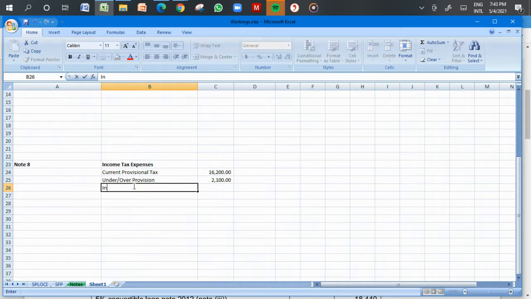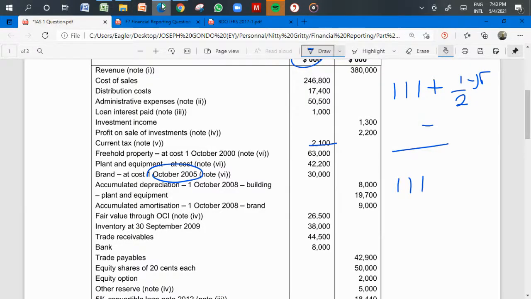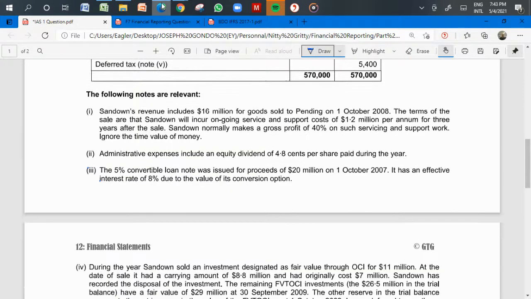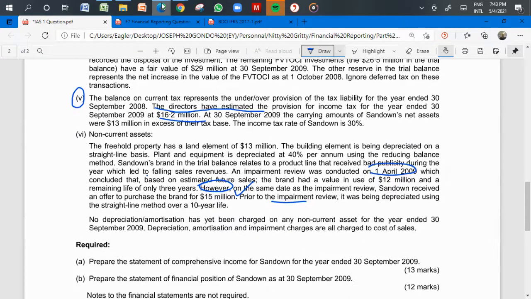Then we have the issue of increases or decreases in deferred tax. Now I showed you how you calculate it. We have this deferred tax liability of 5.4 million. Then you compare it to our closing deferred tax.